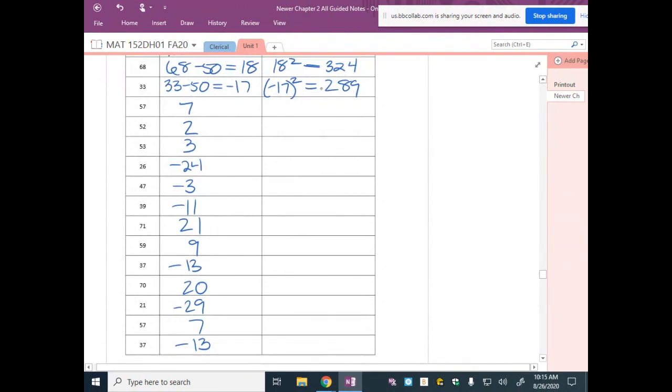So 7 squared, that's 49. Then we'll have 4, 9, 576, 121, 441, 81, 169, 400, 841, 49, and then 169.